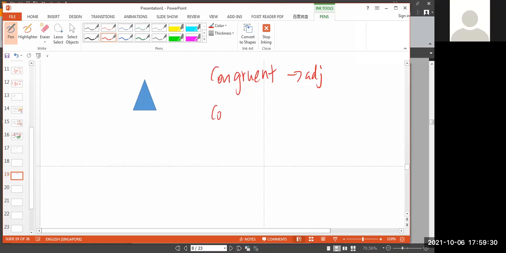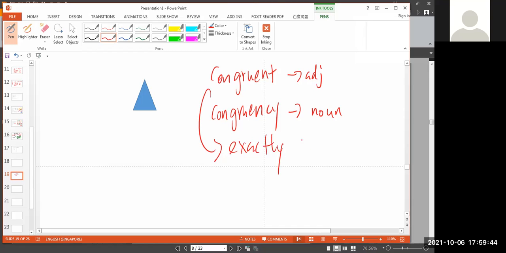To prove congruency, this is a noun. So the meaning of congruent is exactly the same.